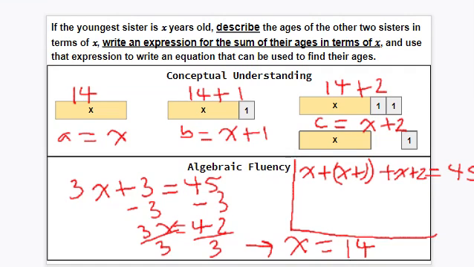Those are the ages of the three sisters in one equation. We can also group our like terms and say I have 1, 2, 3 x's plus 3 is equal to 45. These are equivalent expressions.